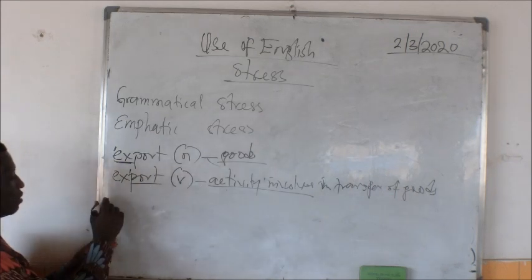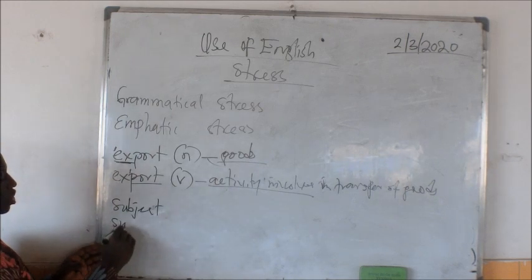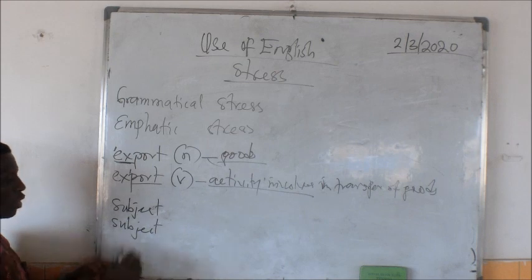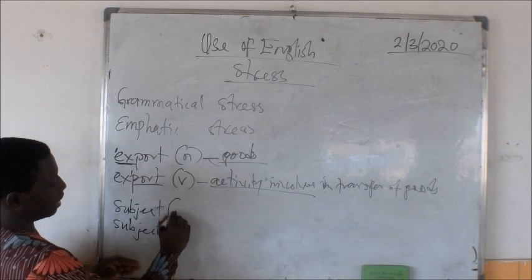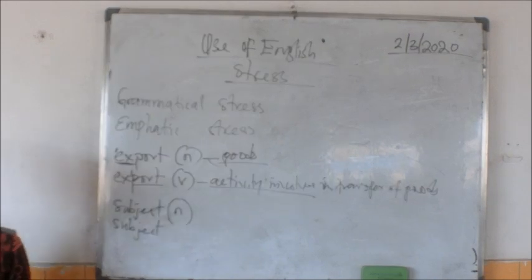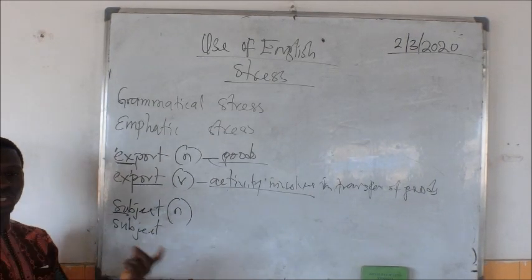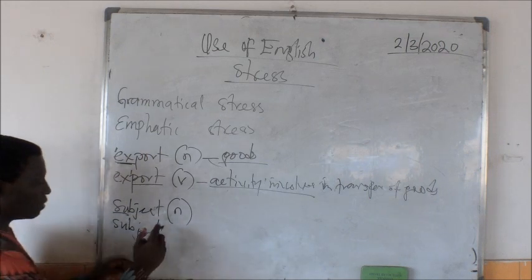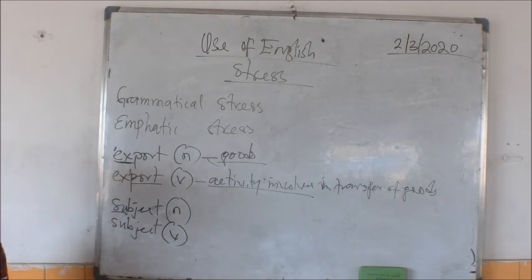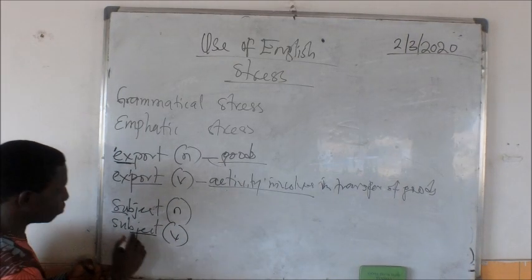Then we can also have the word subject. So if subject is a noun, then our stress position will be where? The first, because it's a word of two syllables. Then if subject is also a verb, the position of stress will be on what? The second syllable. Yes.